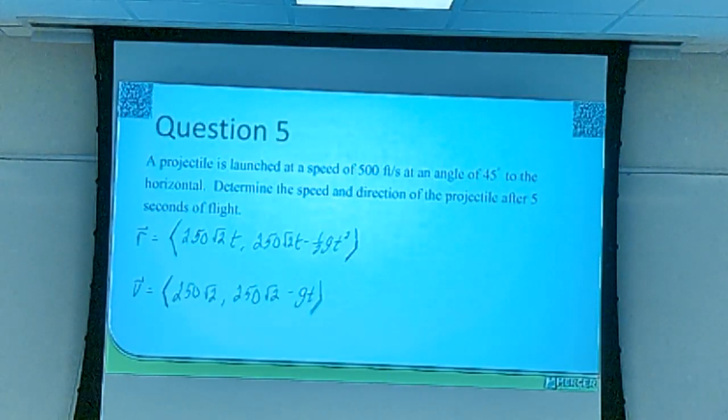We can find speed as a function of time and then plug in 5 seconds, or find velocity at 5 seconds and then find the magnitude. Probably easier to plug in 5 first.